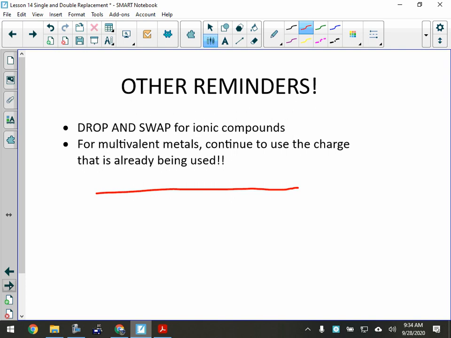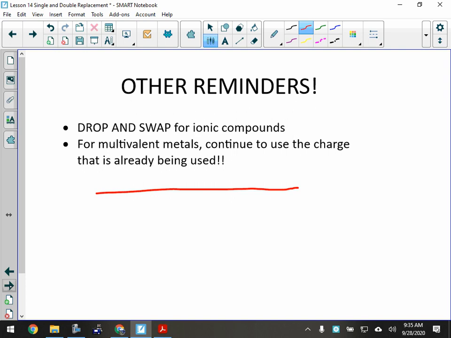Drop and swap. Don't forget the multivalent metals, so ones with more than one charge. Whatever charge you start with, that's the one we're going to end up with. So, for example, copper 1 is not the most common charge of copper, but if I start with copper 1, I end up with copper 1.